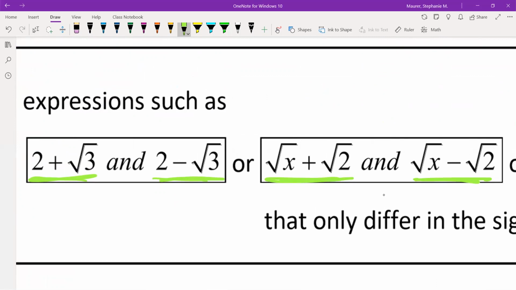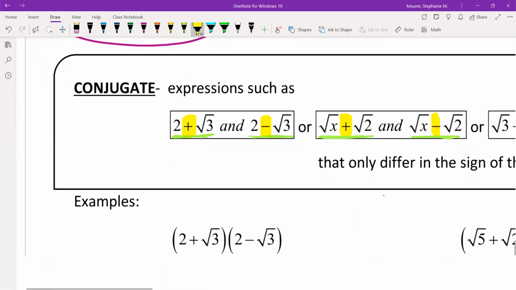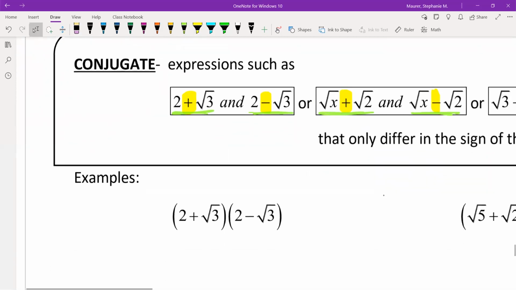What do you notice about these? What do you think a conjugate means? Looking at these two things, they're actually exactly the same. 2 square root of 3, 2 square root of 3, but one is addition and one is subtraction. So a conjugate means that we're taking the exact same numbers and doing one addition and one subtraction.